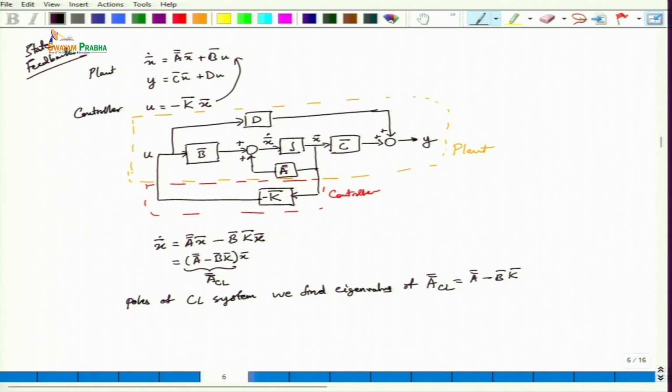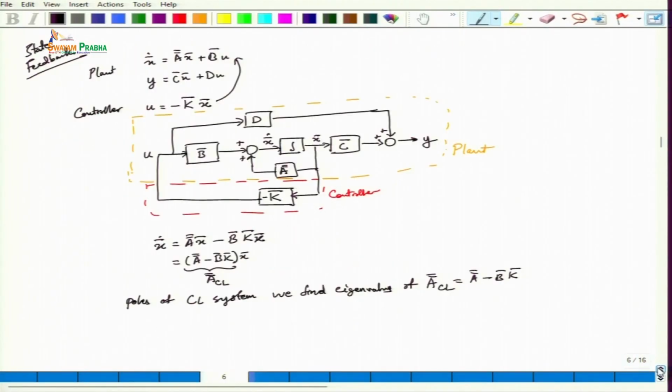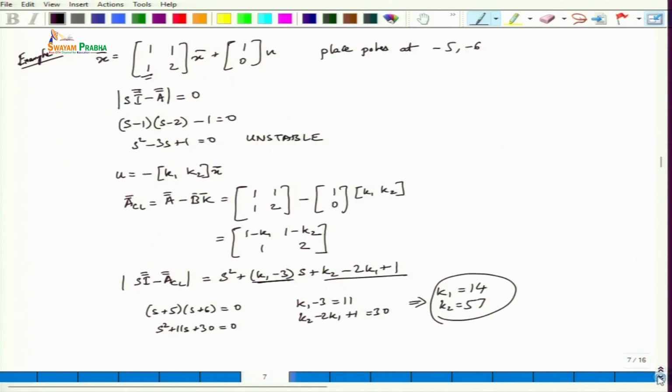Because you are trying to use the control input u to place the poles at desired locations, and that's only possible at any arbitrary location in the S plane if your plant to begin with is controllable. So we have seen that the state feedback controller can only be applied if the original plant is controllable.